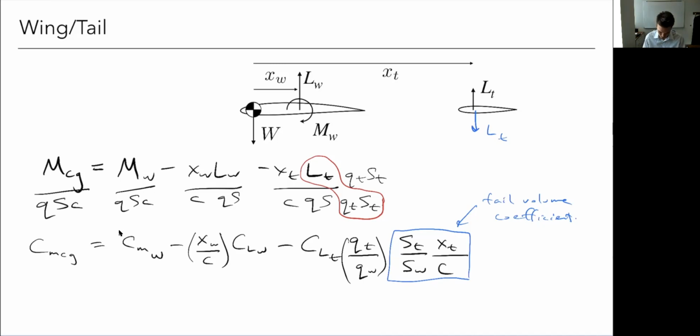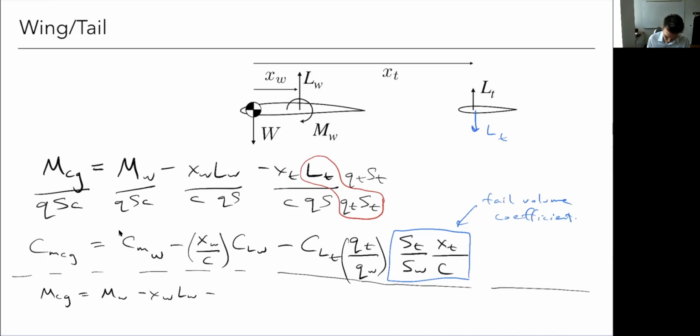So here, though, let's just look at having our pitching moment be 0. And I mainly did this here so I could show you where that tail volume coefficient comes from. But for the purposes of making this simpler, I'm going to go back to the original equation. We just had this: L wing minus XT LT, and we need that to be 0 to have trim, okay?